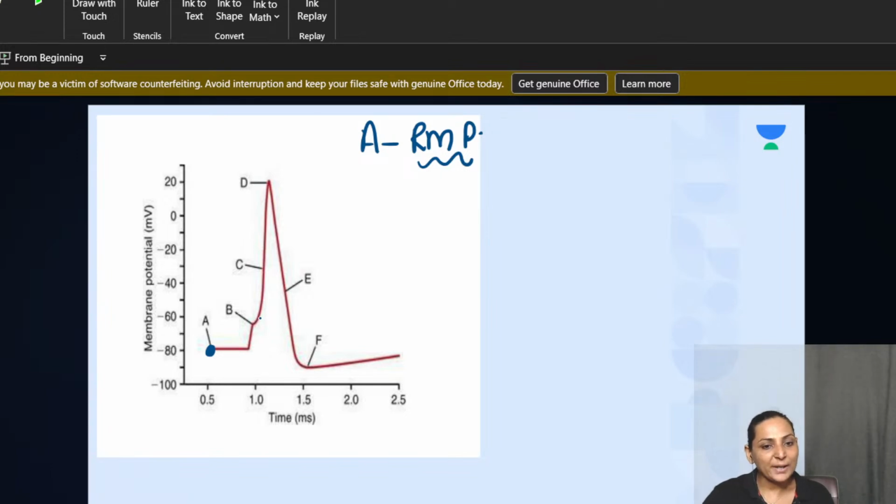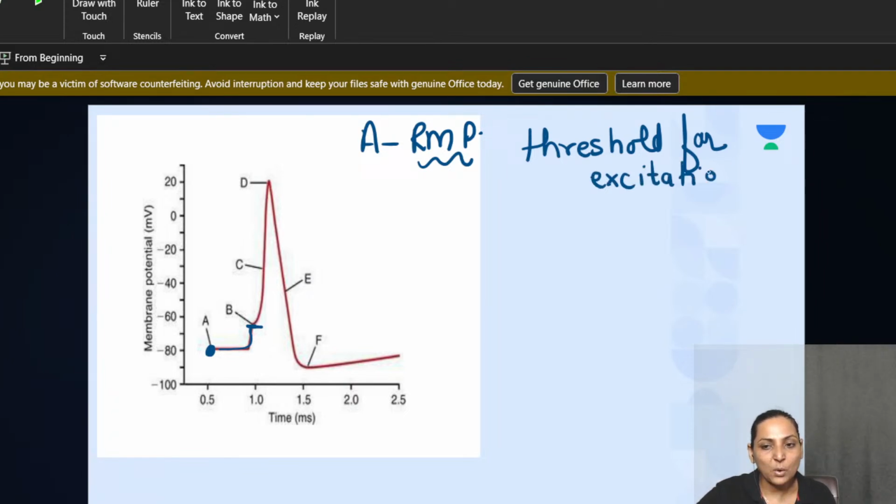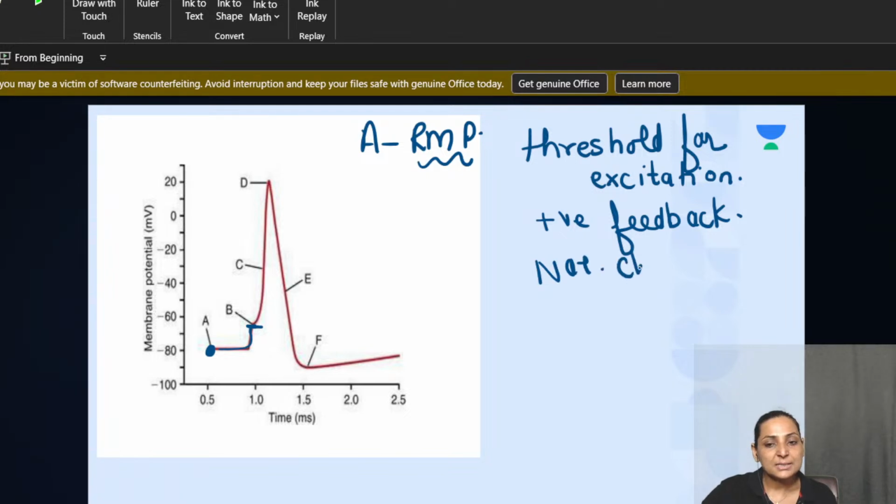Now what is point B? You can see that this RMP shown over here was -80, and it has become slightly positive to -60. That means this is the point which actually results in the threshold for excitation, which is because of the positive feedback mechanism, that is, opening of the sodium channels, which is also called the Hodgkin's cycle.